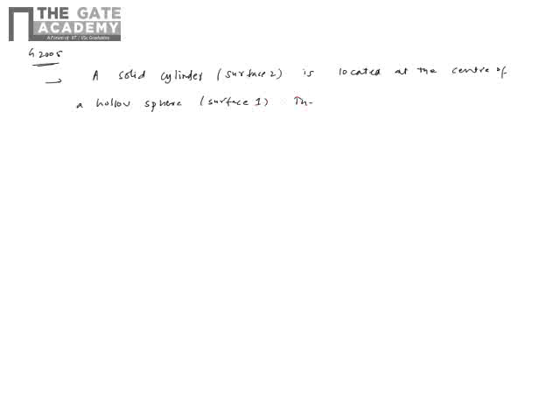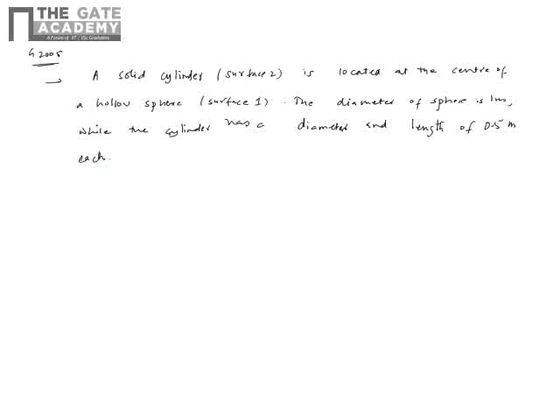The diameter of the sphere is 1 meter, while the cylinder has a diameter and length of 0.5 meter each. The radiation configuration factor, which is nothing but your shape factor or the view factor, is asked.